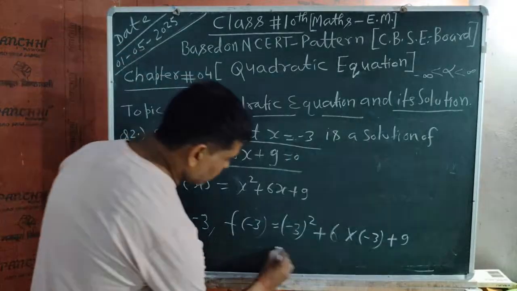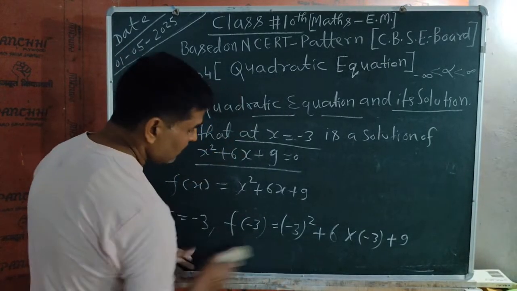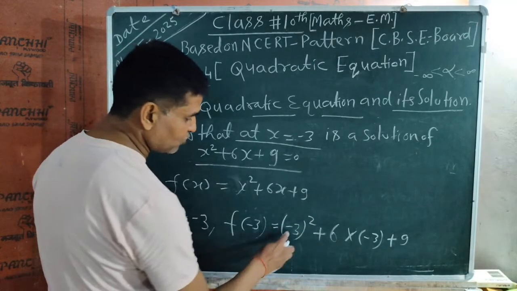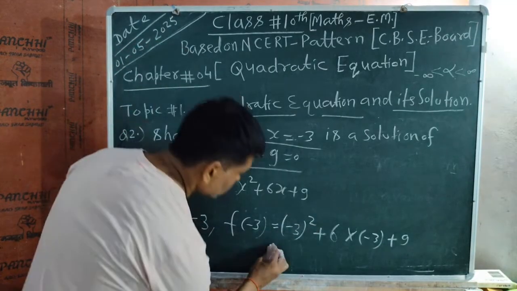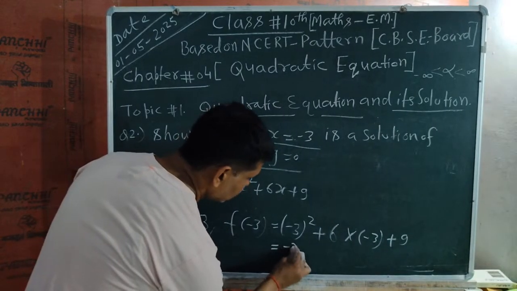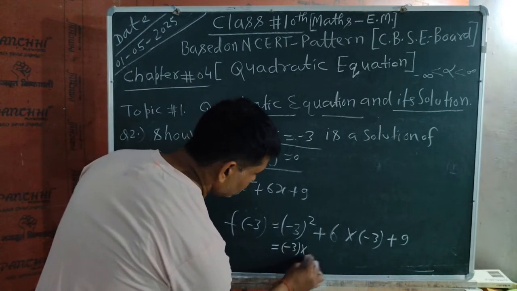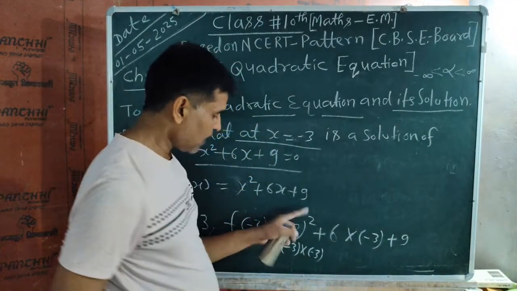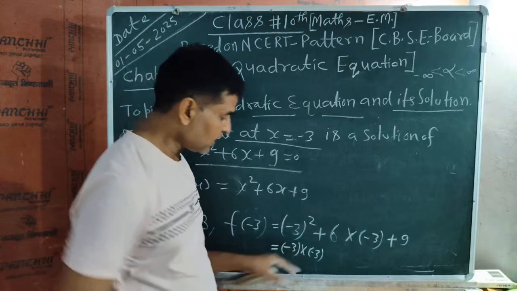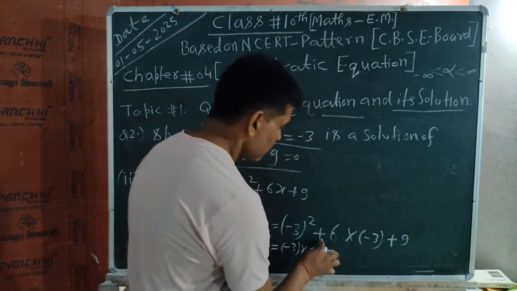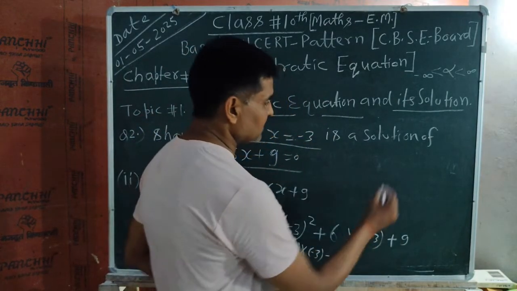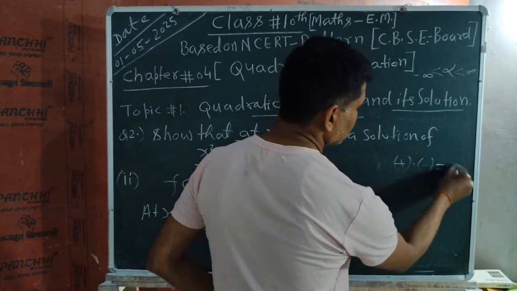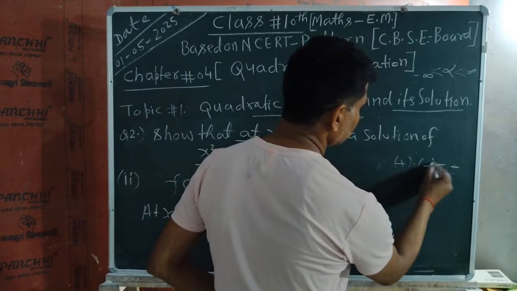So here minus 3 to the power 2 means that I will write minus 3 two times. So I can write minus 3 in one bracket, and in the other bracket minus 3, and the multiplication of minus and minus will be plus, and the multiplication of plus and minus will be minus.